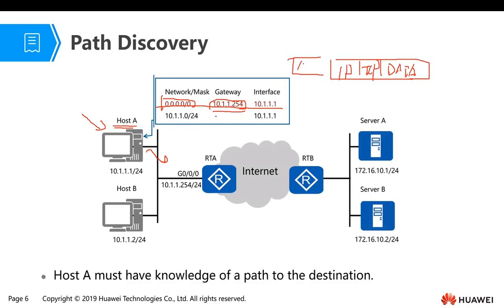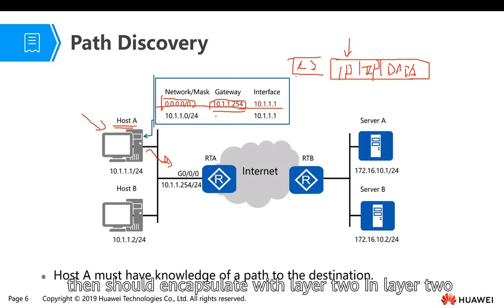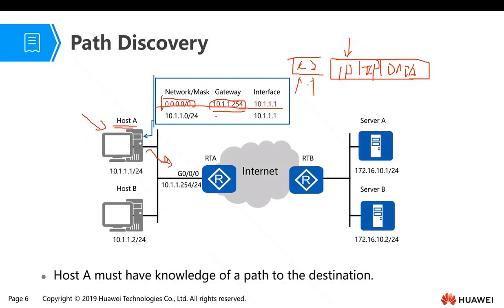In layer 2, there are 3 parameters. Of course, the type points out this is an IP packet.